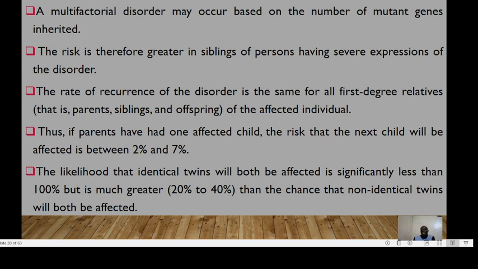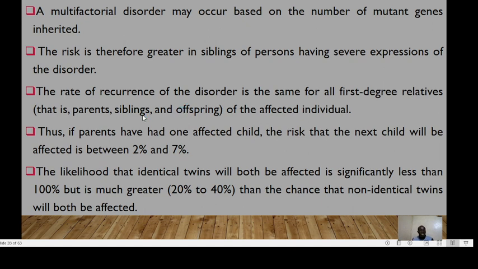The risk is therefore greater in siblings of persons having severe expressions of the disorder. The rate of recurrence of this disorder is the same for all first degree relatives. So this could be the parents, the siblings, and the offspring of these affected individuals.